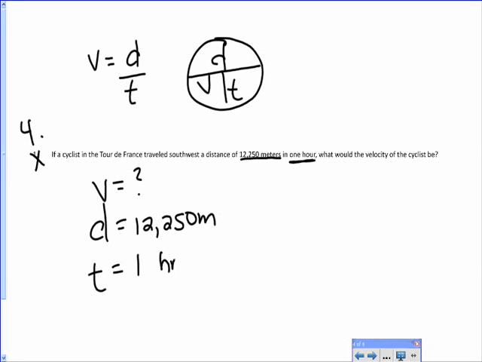Now this is different. You can place this into seconds if you would like to, but we don't do it in our class. You don't have to know how to do that in our class at this moment. So let's go ahead and set up our letter equation. It's V equals D over T, and let's fill it in with our numbers.